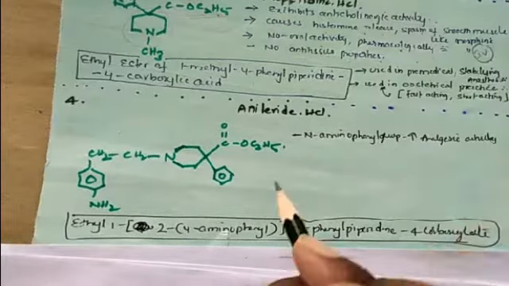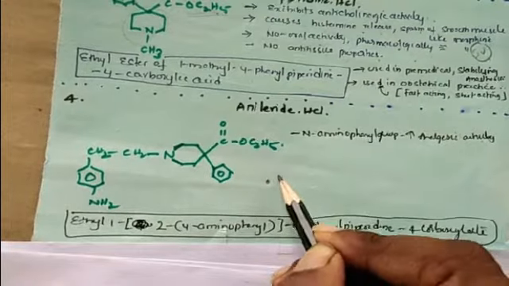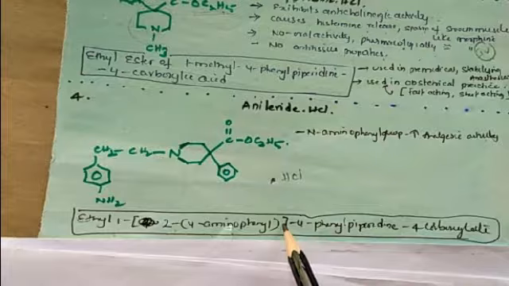Coming to the next drug, anileridine HCl. Coming to the structure, it is ethyl 1-(4-aminophenethyl)-4-phenyl piperidine 4-carboxylate.